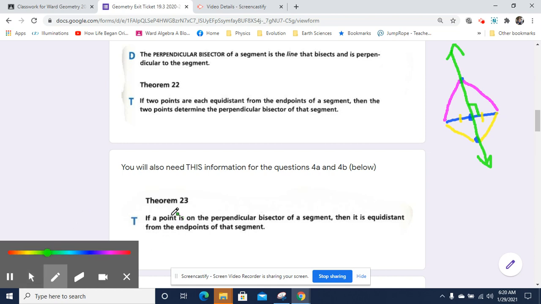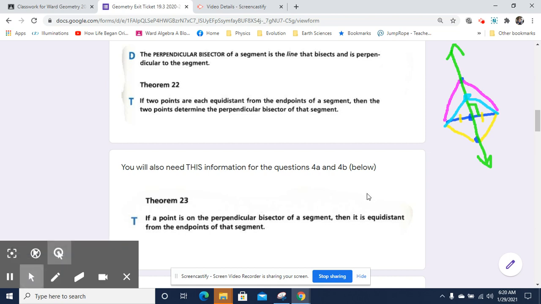Now, Theorem 23 says if a point is on the perpendicular bisector of the segment, then it is also equidistant. So I'll plop a point on this perpendicular bisector, and it will also be equidistant from the endpoints of that segment.